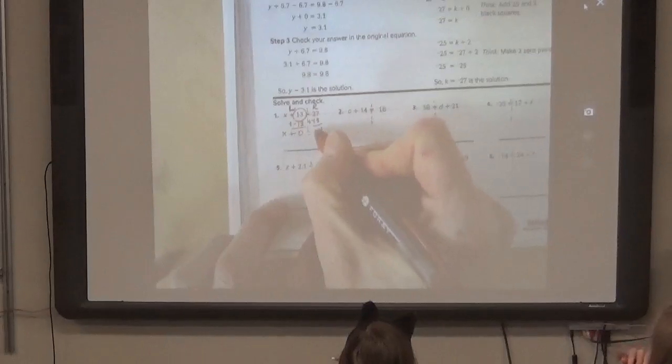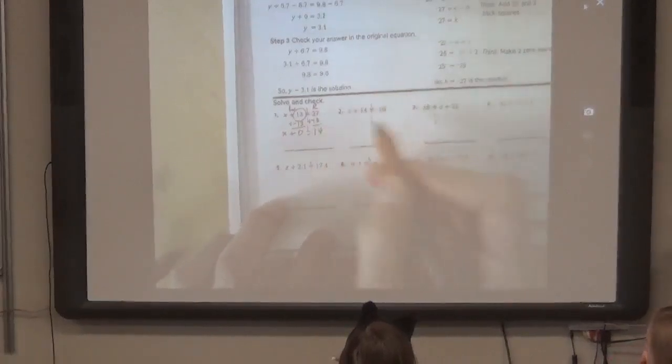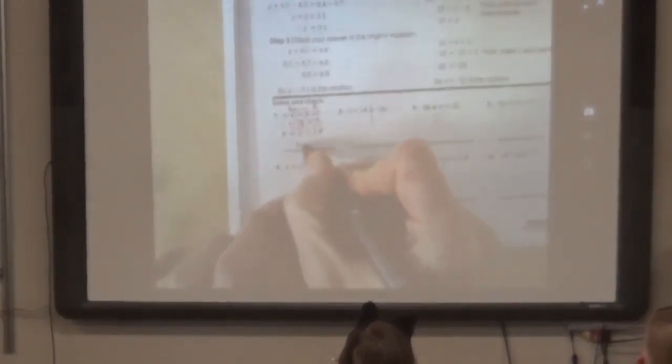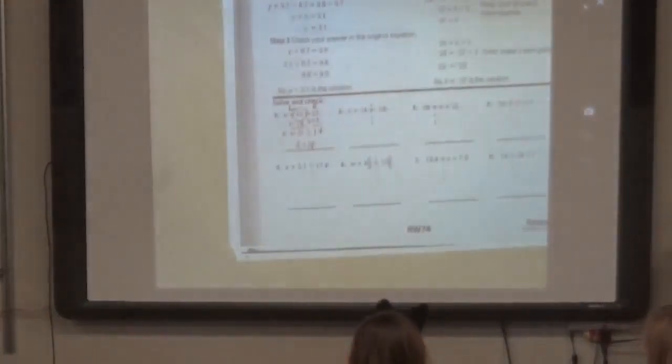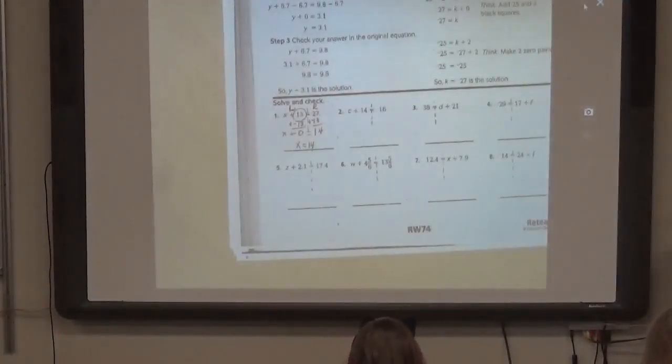Yep. That proves x equals 14, because x plus 0 equals 14. Once you have the variable plus 0, you have proven that variable is what the other side is.